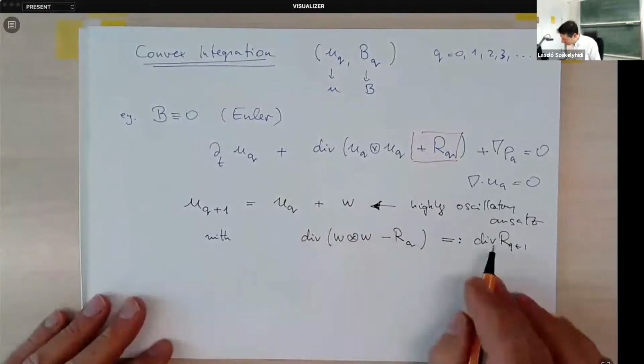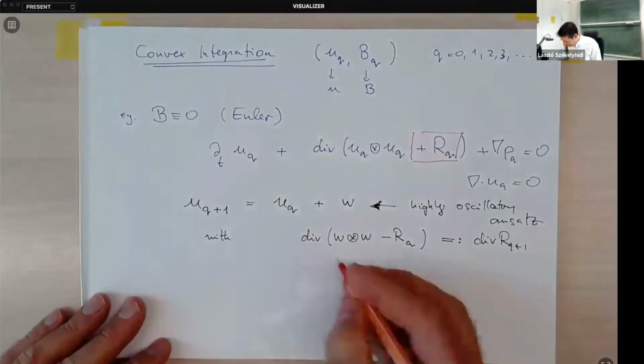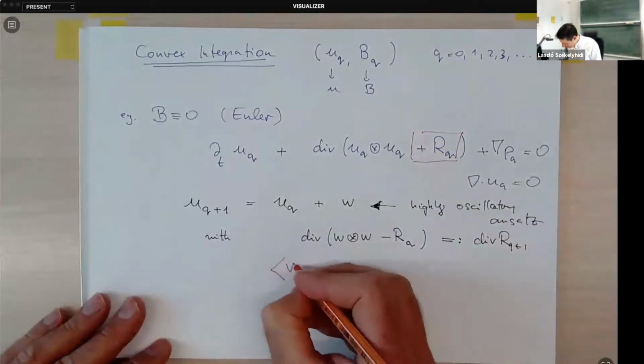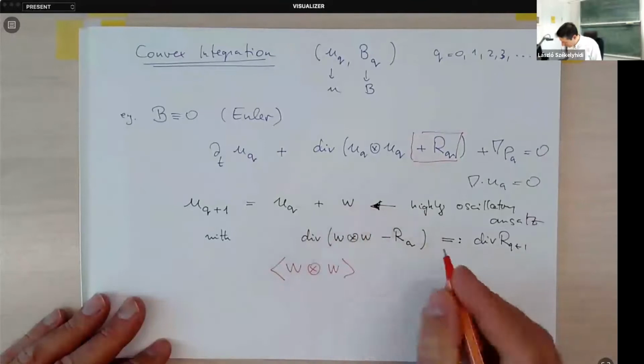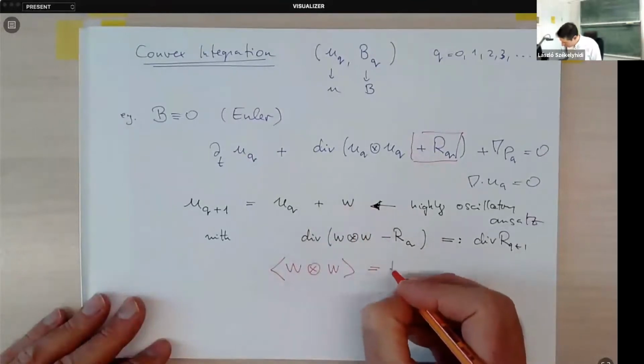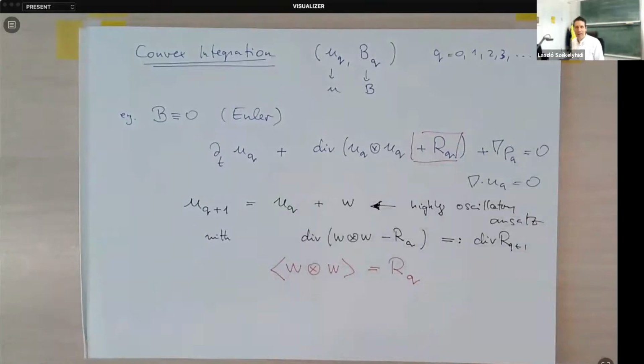And for this identity, what we need is that, I put this in red because that's a key point, the average over one cell of this periodic vector field should equal R_q. Okay. That's the basic argument in any convex integration scheme.